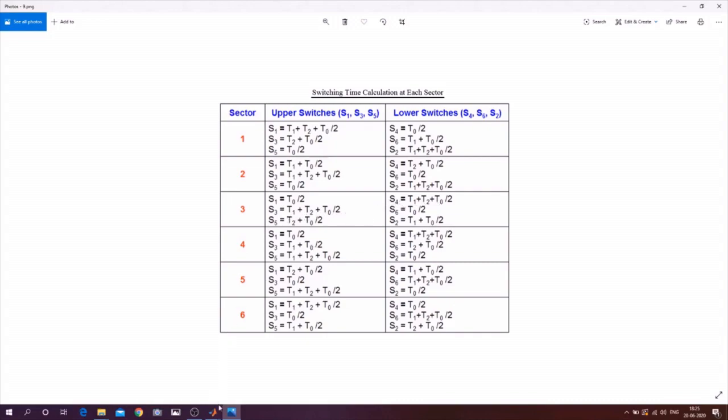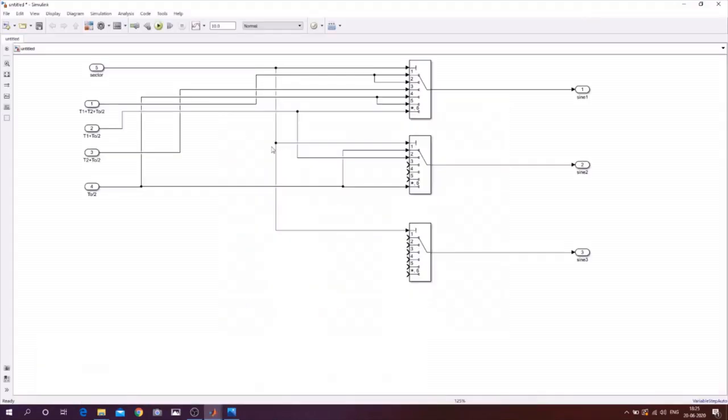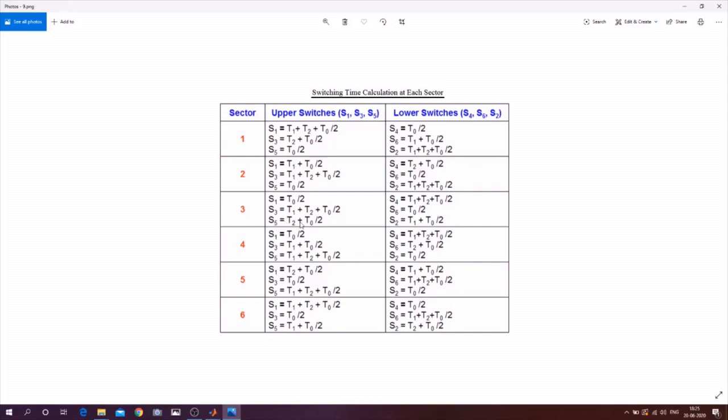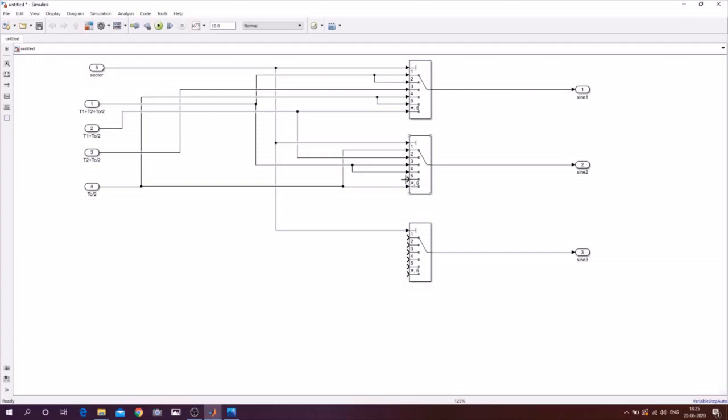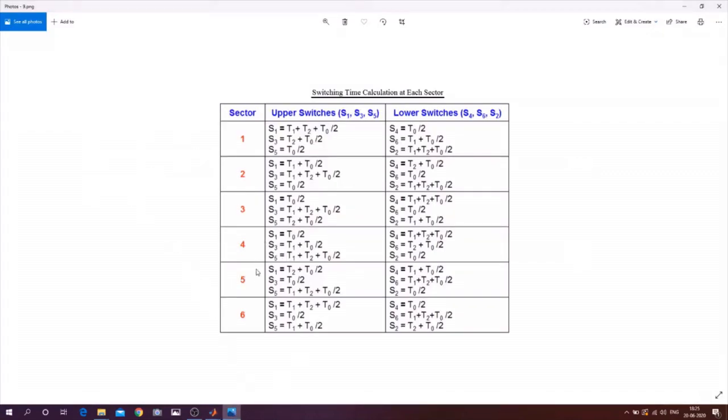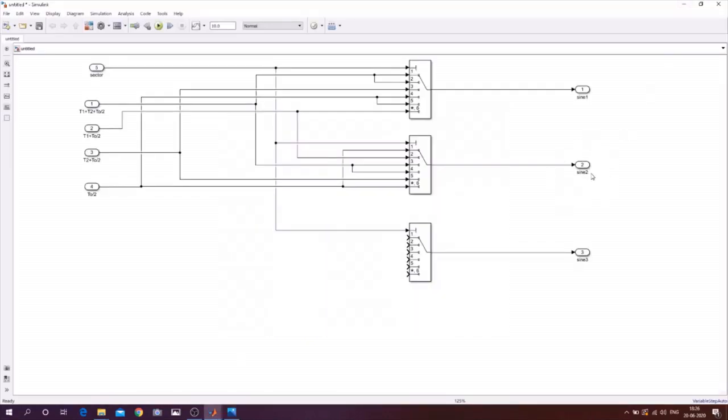Switch 3 is T1 plus this one, and switch 4 is also the same. Switch 5 is T2 plus T0 by 2. So this will be the second sine wave.